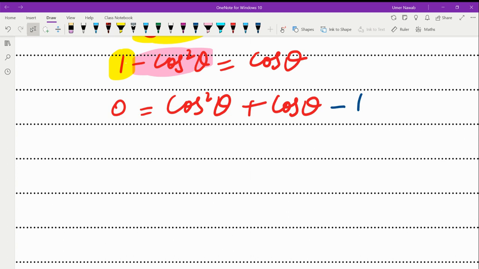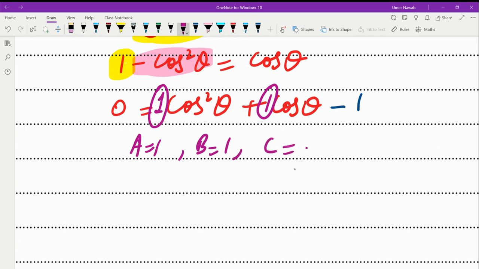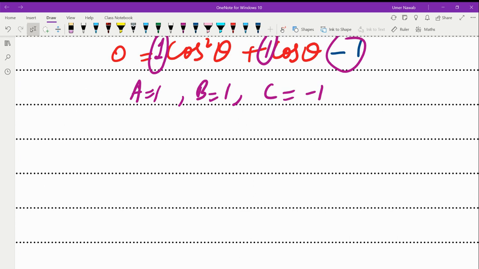Now, I can allow you to use the quadratic formula from a calculator, but since this question has 5 marks, it's better to show some skills of the quadratic formula. So A is 1, B is also 1, and C is minus 1. Don't worry guys, the quadratic formula is also given in the formula sheet.